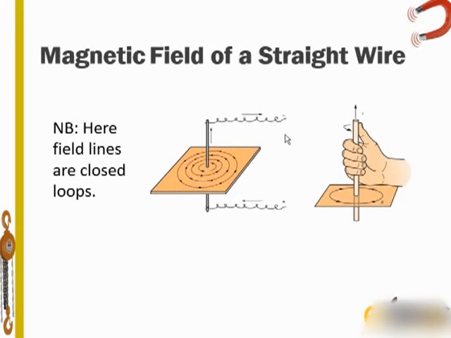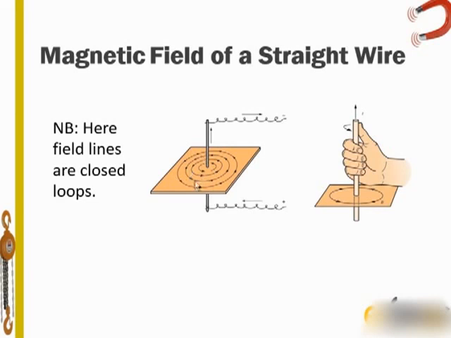What you've got here is a wire, and you can see that the wire is connected in such a way to allow current to flow through it. So you can see here that on this piece of paper, if you were to sprinkle, for example, some iron filings, then if they're very fine iron filings, you would actually see the outline of the magnetic field on that paper.